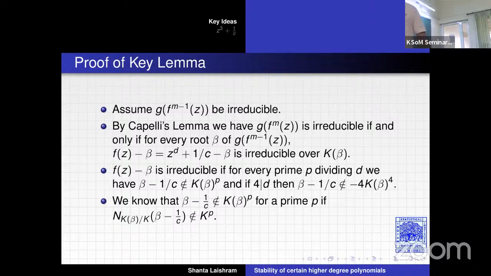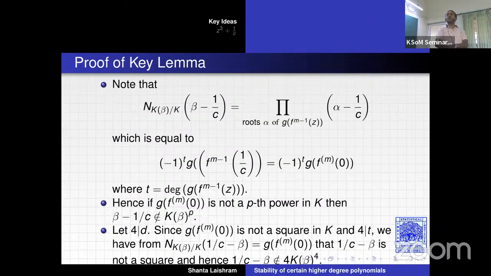So this condition is satisfied if the norm of beta minus 1 over c is not a p power. So now let's try to compute the norm of beta minus 1 over c.